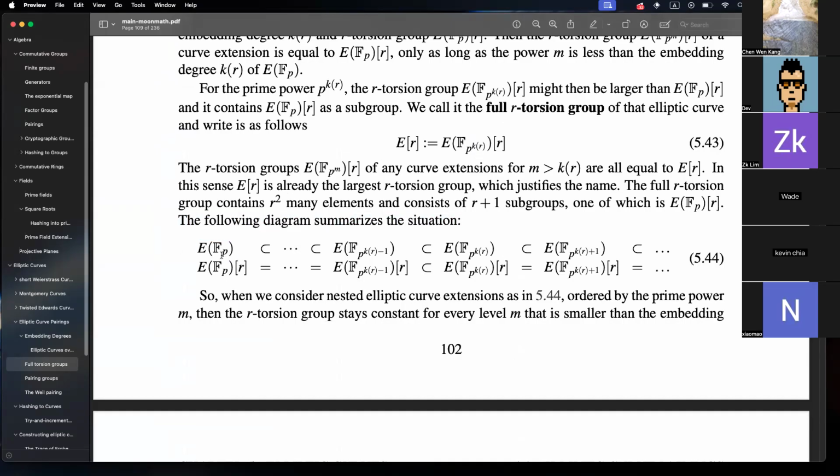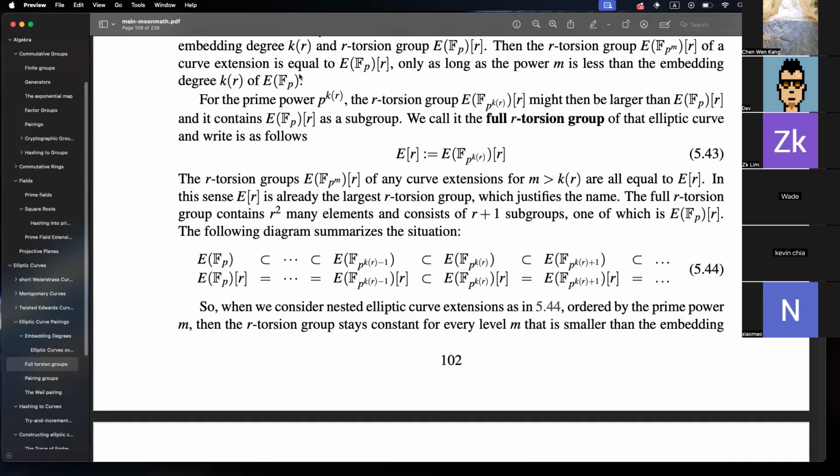Usually when you calculate over the prime field's extension, it's still going to be the same subset of the base field itself over the extension. When we talk about full here, it means you do the calculation on the elliptic curve over the extended field of embedding degree k.